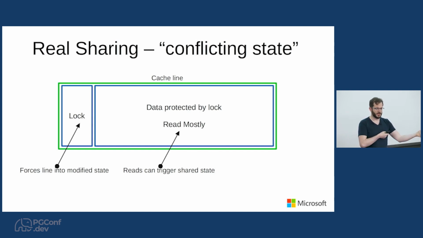Even for reading, we now have to transfer the contents back and forth, because multiple cores might have acquired the lock at the same time, since it's a shared lock. So even though it's a shared lock, we constantly move the data around. We will have a lot of cache misses and it will be pretty slow.